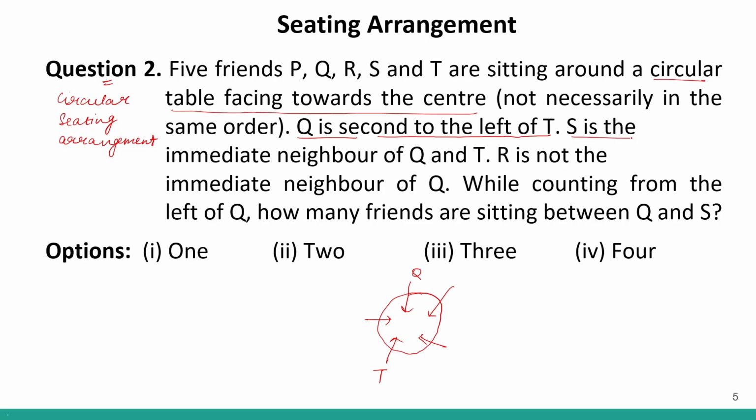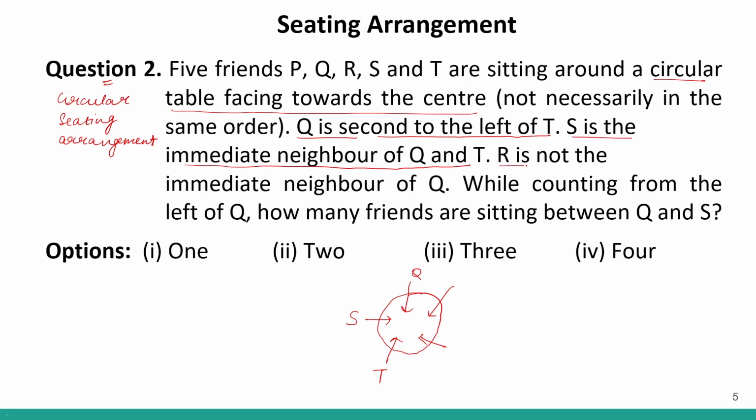Now it is given to us that S is the immediate neighbor of Q and T. So S has to sit in a position that he comes next to both Q and T. So S will automatically come over here because now he is adjacent to Q and he is adjacent to T. So this will be S position, correct?